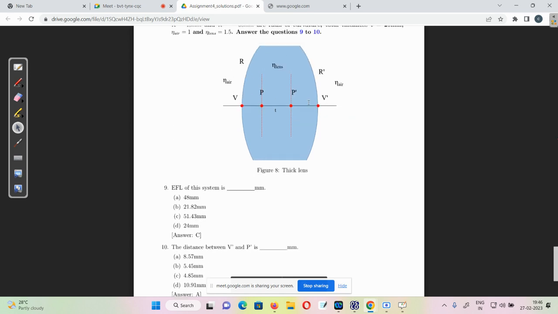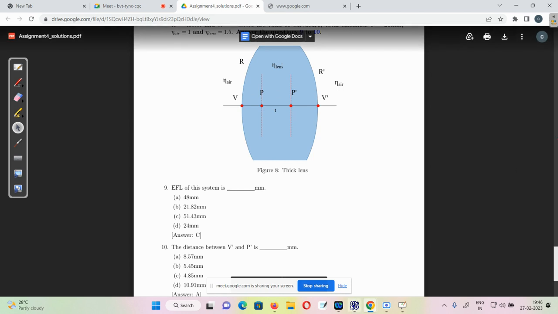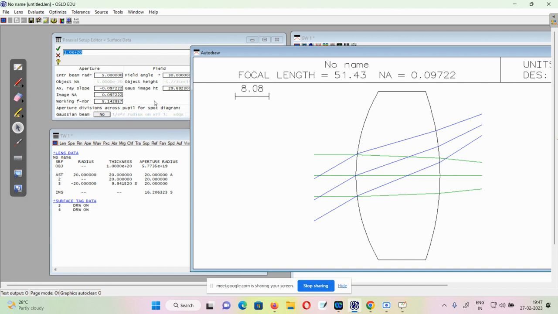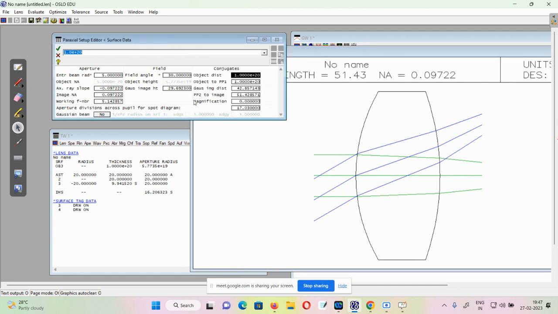Now I am going to increase that length. I'm going to put my object at something like infinity, 1e20. Now it's going like parallel. Yes, sir. Okay. Now you see that this image distance is 42.8571.